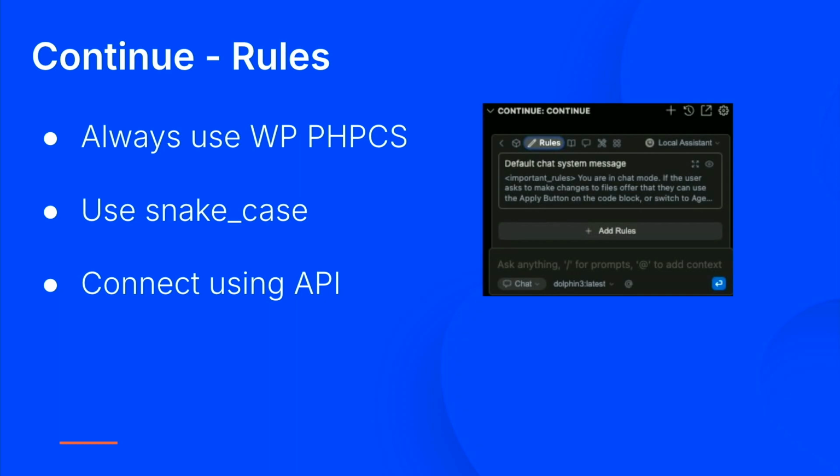When you explore the settings of Continue, there are also rules that you could configure. You could put in there, like, always use the WordPress PHP coding standards, which are somewhat different from the general coding standard of PHP, and always use snake case for function names, or use an API, or any other rules that you want to put there by default.